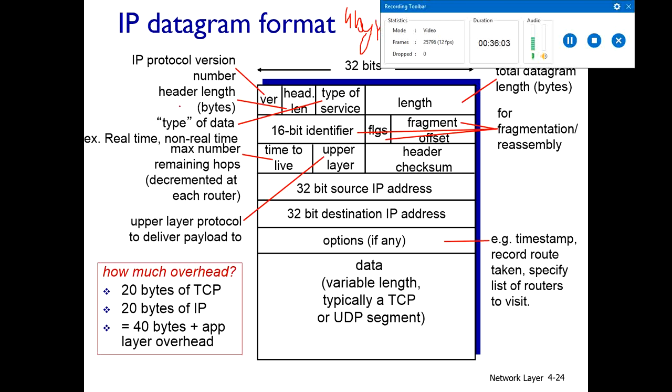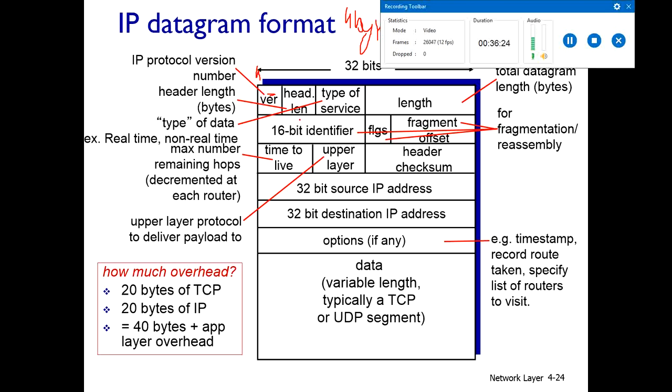If you see, the first one is the version. Version tells us the version of the IP, for example IPv4 or IPv6, and the version uses 4 bits. Then is the header length.